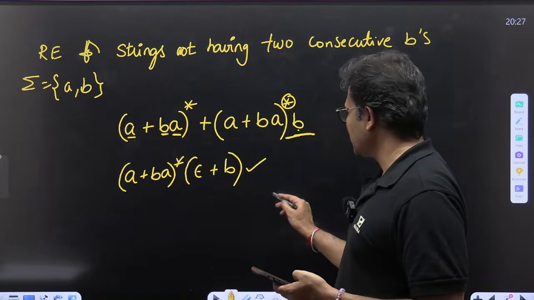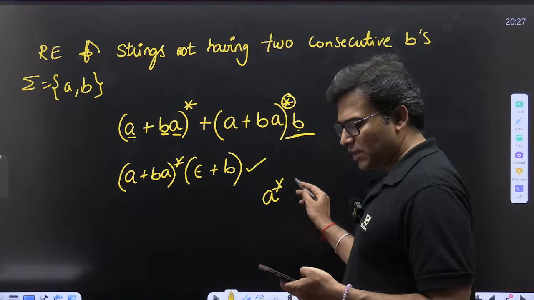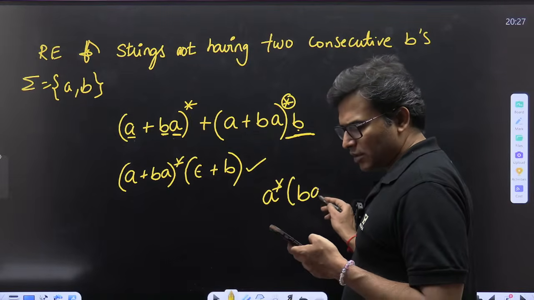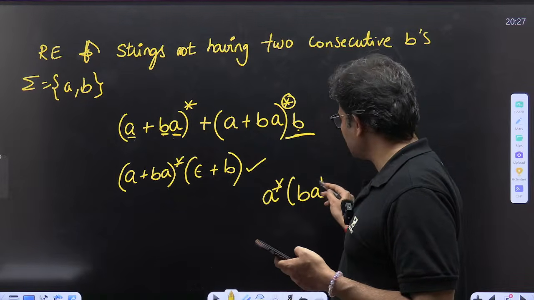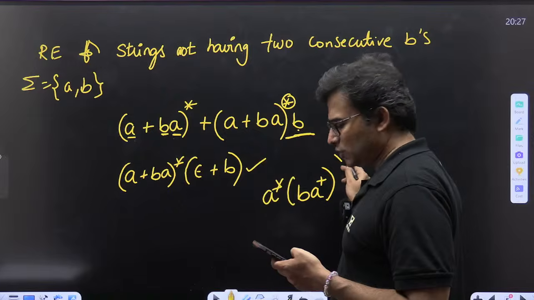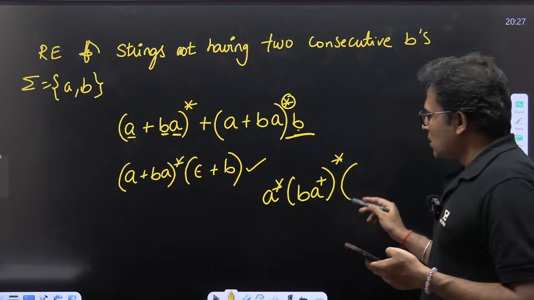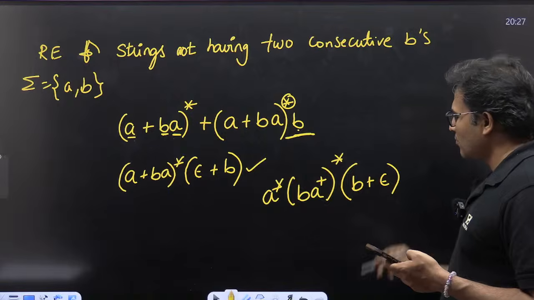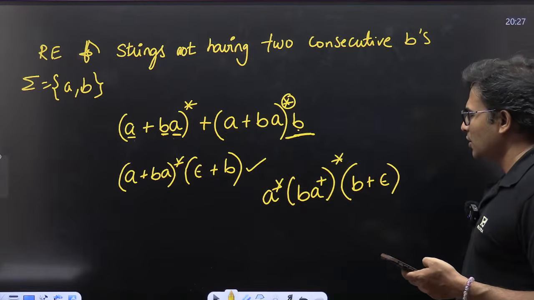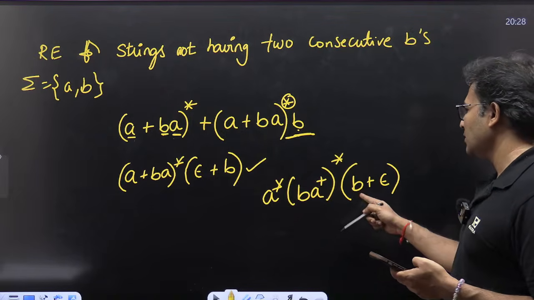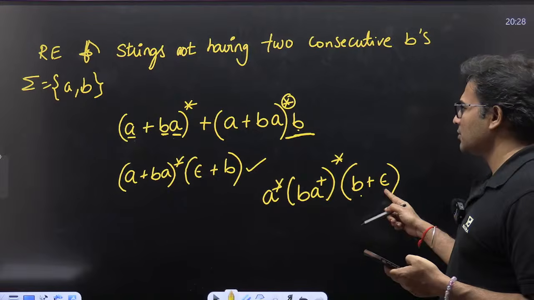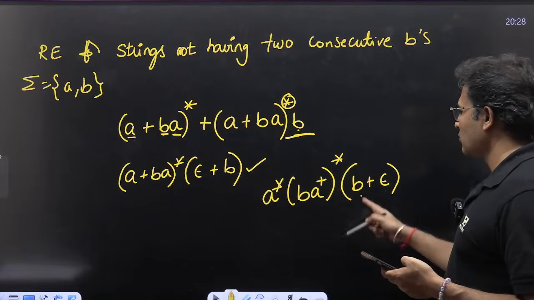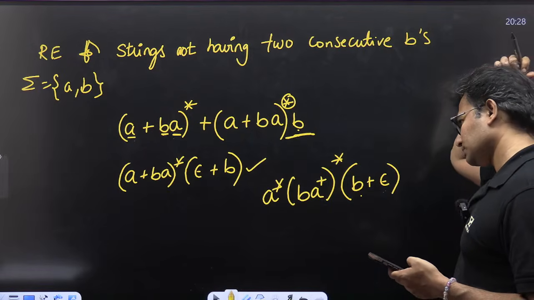Div has given this. Div is saying A star (BA) plus star followed by B plus epsilon. Right? What is the problem with this? B is there, epsilon is there.